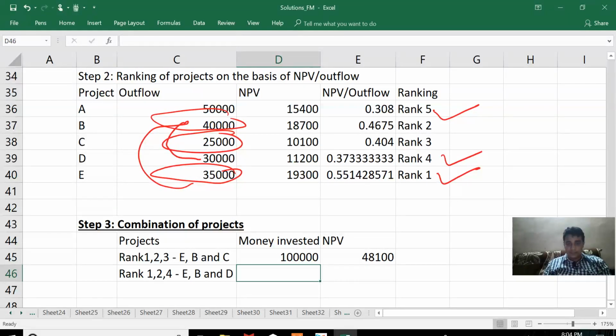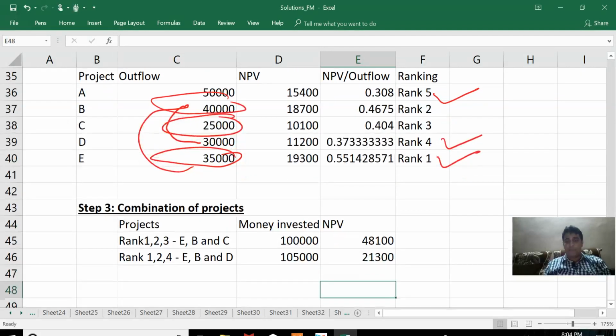We'll invest 35,000, 75,000, 1 lakh, sorry, 1,05,000, and this will give me an NPV of 49,200.